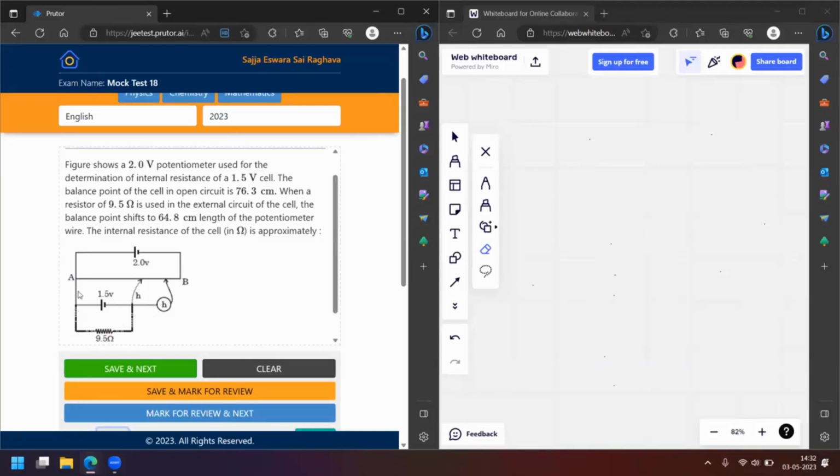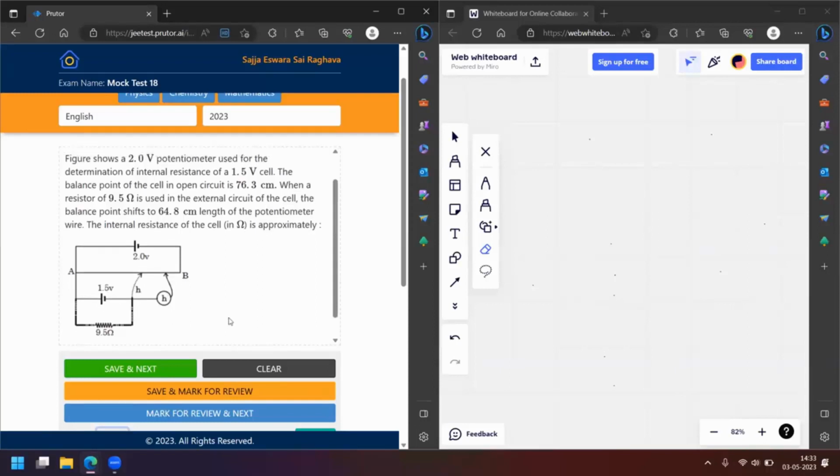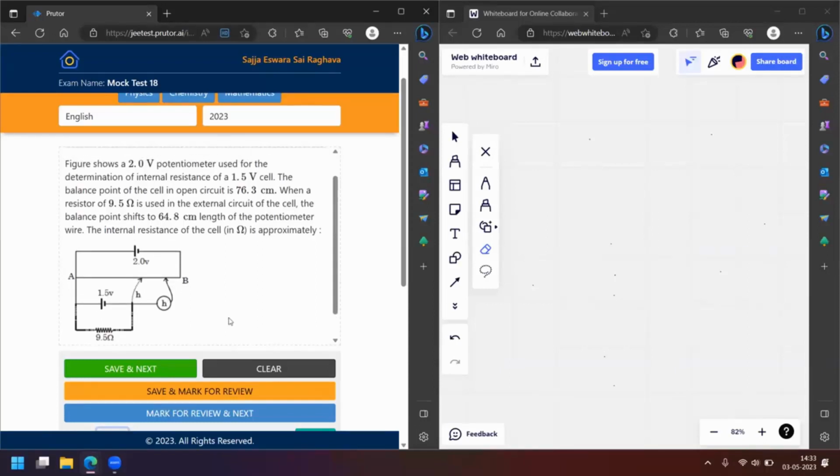We can use Kirchhoff's laws to find the voltage at A and the voltage at B, and these should be equal. Since the voltage here and the voltage here are the same, we can find the internal resistance by equating them. You have to remember the formula for the potentiometer.